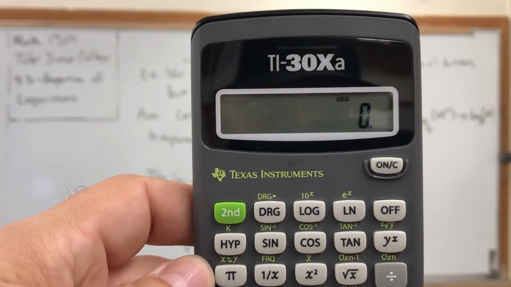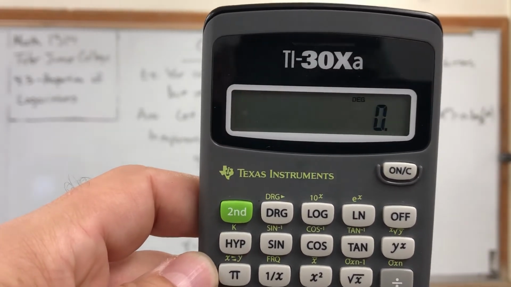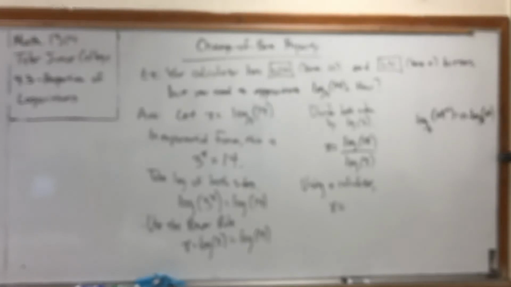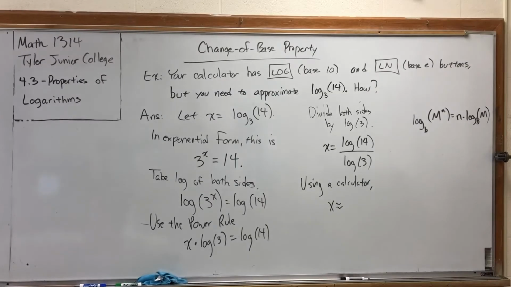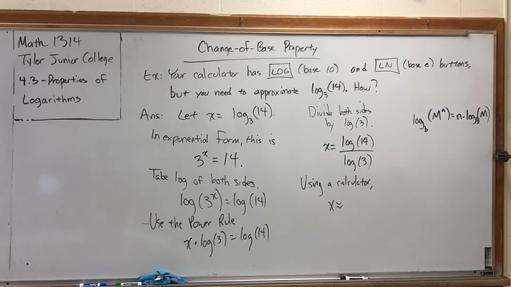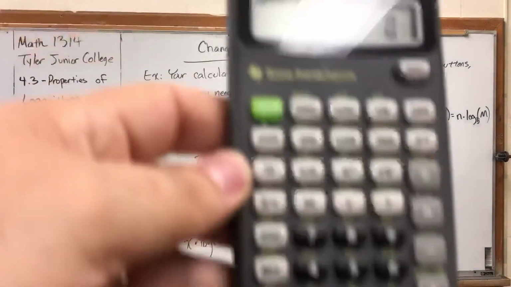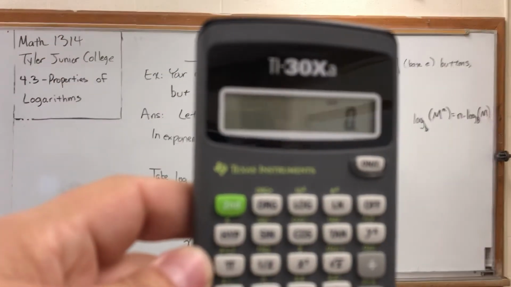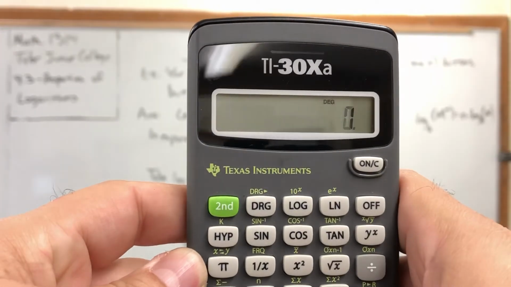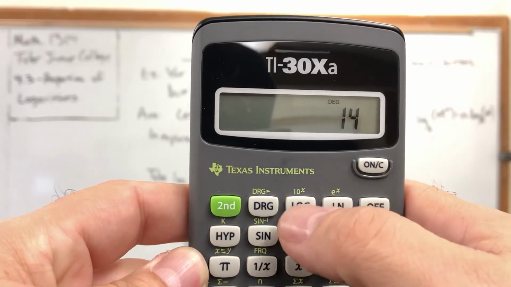For a one-line calculator, to evaluate a logarithm, you have to enter the argument first and then press log. So, to evaluate log 14 divided by log 3, here's how we would do it. We would have to first press 14, because that's the number we wanted to take the log of.